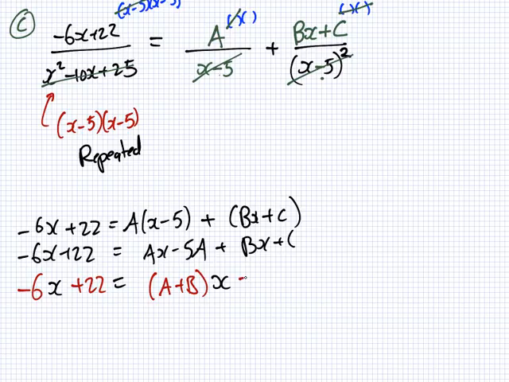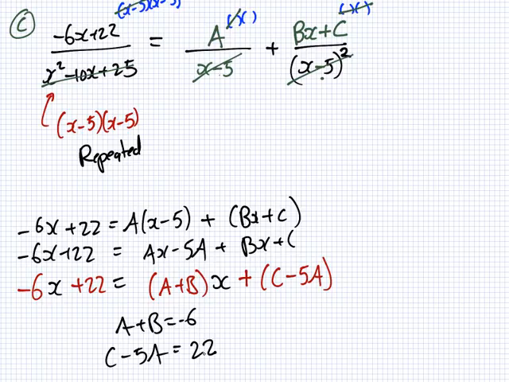And then plus c minus 5a. And you realise, oh rats, this is a problem as well, because how many equations can you make? You can only make 2 equations. c minus 5a equals 22. You can only make 2 equations. So this method doesn't work.